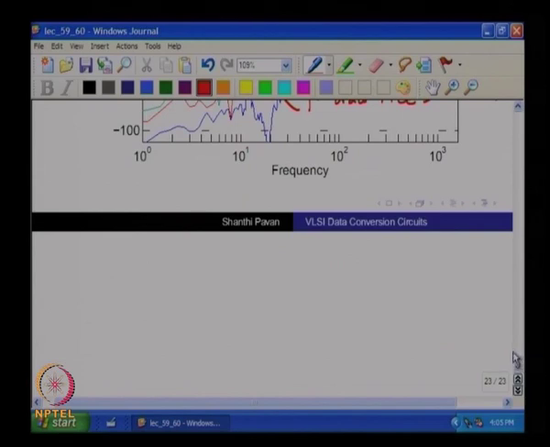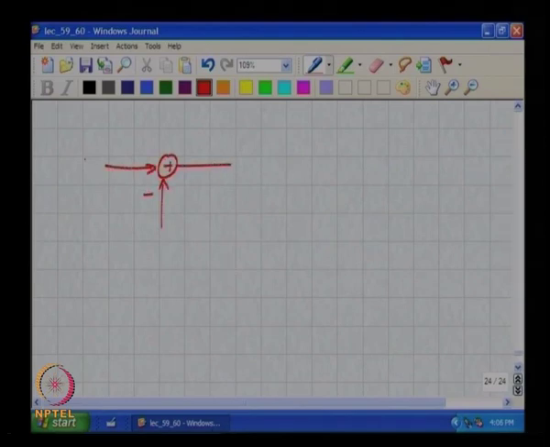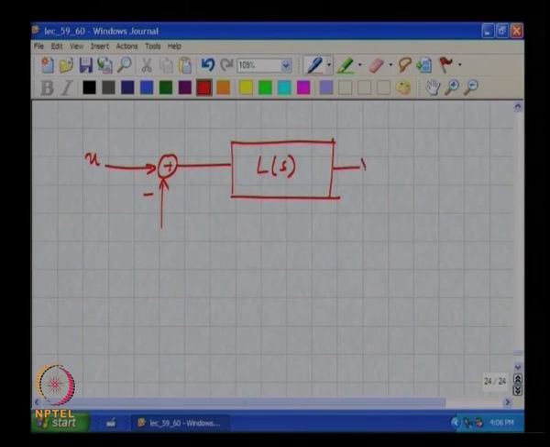The bottom line therefore is that in a sigma delta modulator, if you want to realize it as a multi-bit structure, you have a loop filter which is either continuous or discrete time.